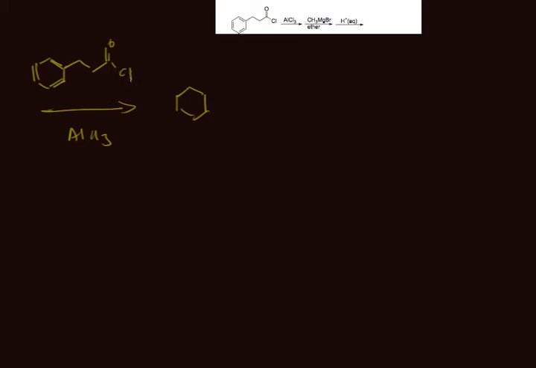The AlCl3 is going to cleave off the chloride on the acyl chloride, just like it would in a Friedel-Crafts, and so you're going to have a positive charge there. That positive charge then goes and electrophilically attacks the benzene ring in a ring closing mechanism. And so it would look like this.